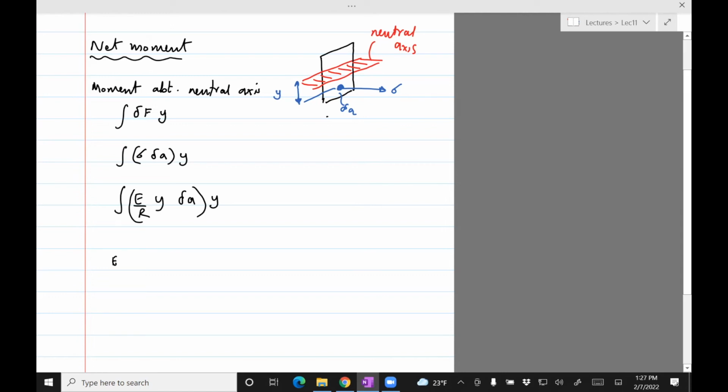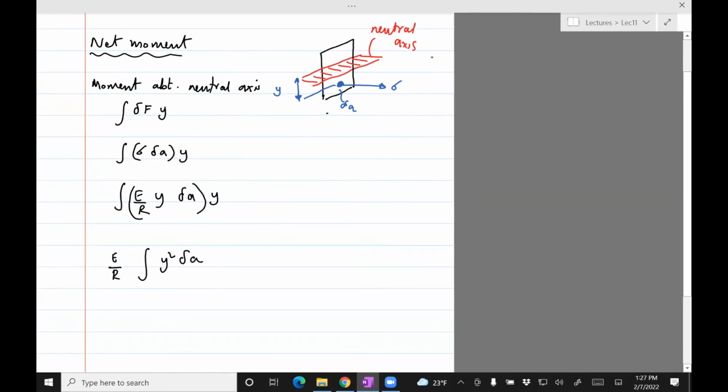So E divided by R times the integral of y squared dA. And remember that this is subjected to a moment M, so that should be equal to M.